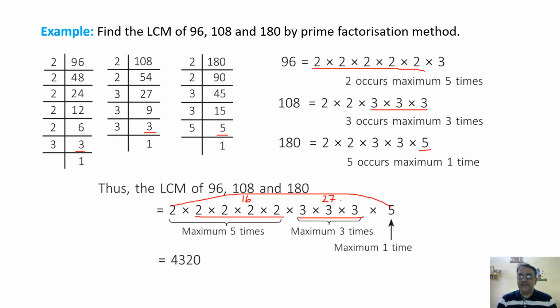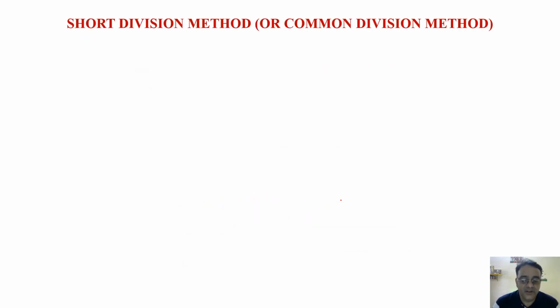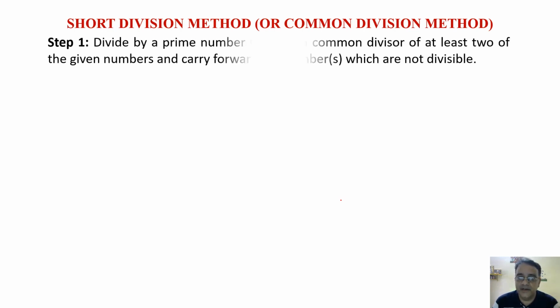Now we are moving towards the next method, that is the common division method, also known as the short division method. Just try to understand clearly the steps. Step 1: divide by a prime number which is a common divisor of at least 2 of the given numbers and carry forward the numbers which are not divisible.